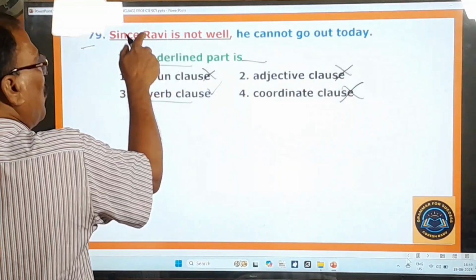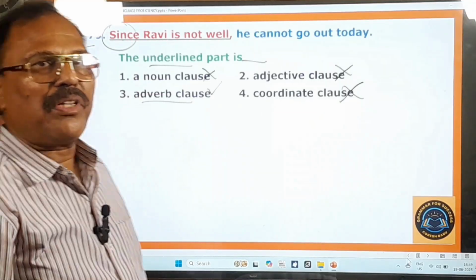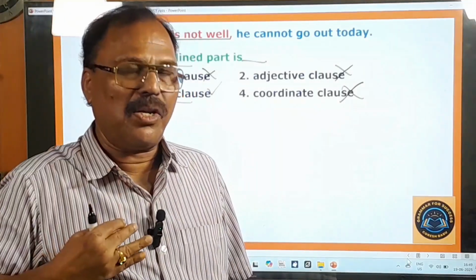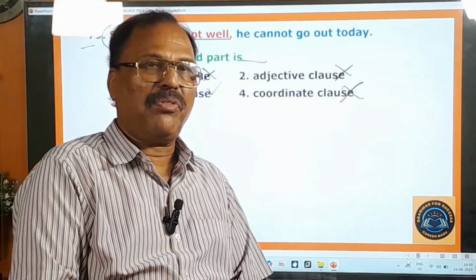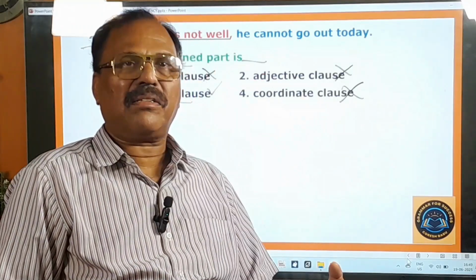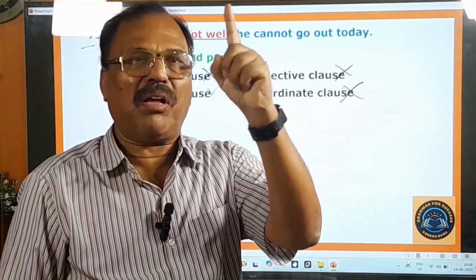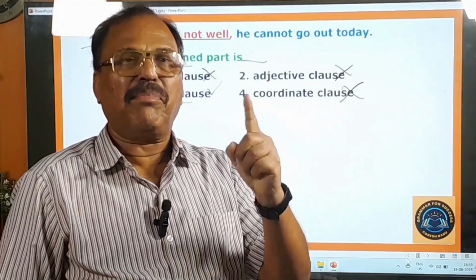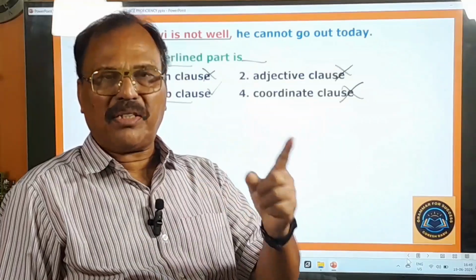So this is an adverb clause because this since is a subordinating conjunction. With all the subordinating conjunctions, only adverb clauses will be formed. In some other video, I think I have mentioned the subordinating conjunctions. So subordinating conjunctions will form what? Adverb clauses. Since, before, after, till, until, as, when, as soon as, no sooner than.